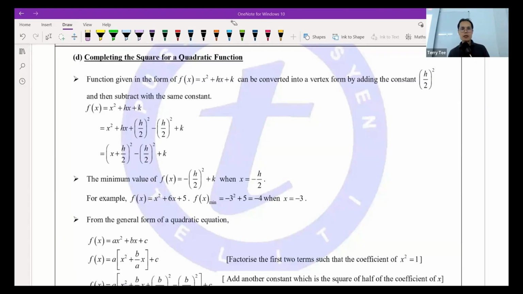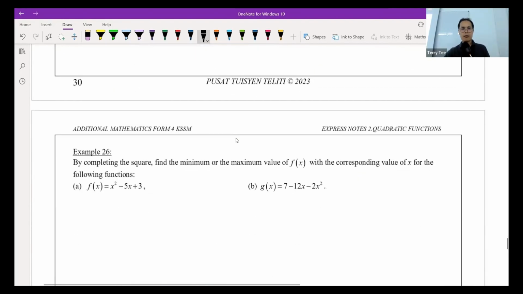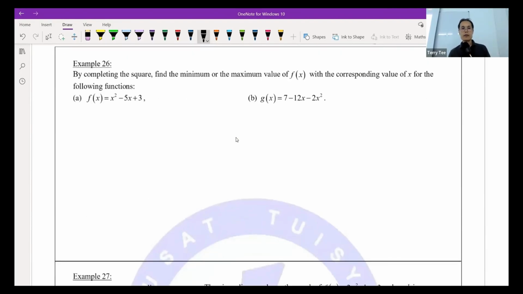Come, let's talk about this one. When we complete the square, the idea is to add a number, square, and then minus it off. You all know this, right? Okay, I'll go straight to one example, Example 26. If the coefficient of x squared is already 1, we just have to add half of this number.